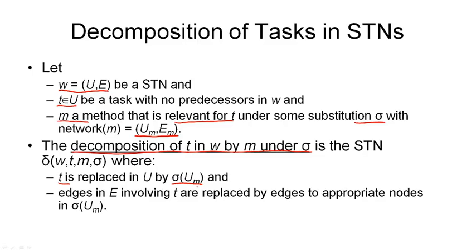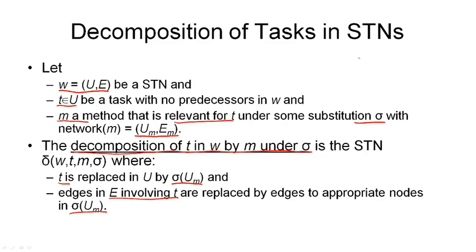So from our original network W, consisting of the tasks in U, we remove the task T, and in its place we put all those tasks that are in UM and instantiate those with the substitution sigma. That is how we modify the tasks in the network, and then we also have to modify the edges in the network. And the edges we have to replace are exactly those edges in E that involve T, because T is no longer available as an endpoint to an edge. We have to replace them by edges to appropriate nodes in our new set of nodes that we've just introduced, sigma of UM.